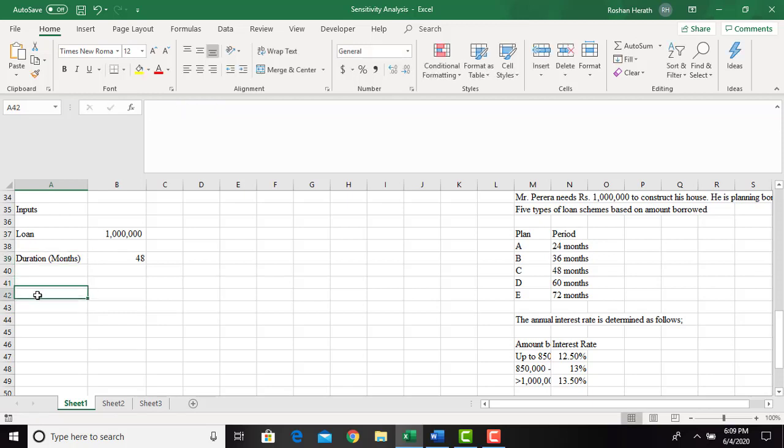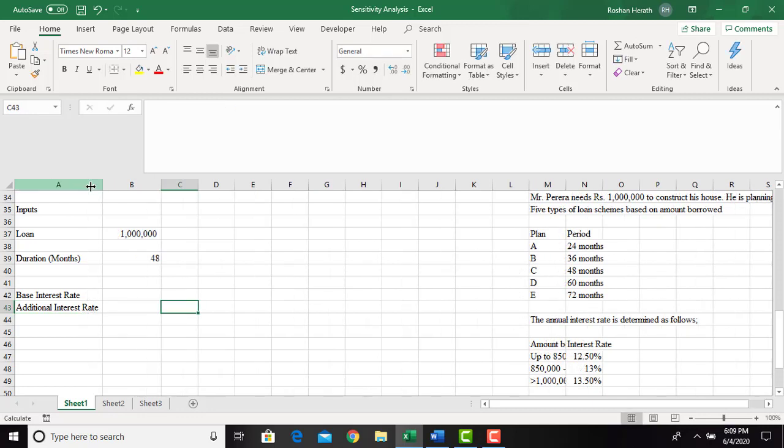And then you need to have the base interest rate. Right? And you would have to figure out the additional interest rate, and thereby the applicable interest rate. Right.